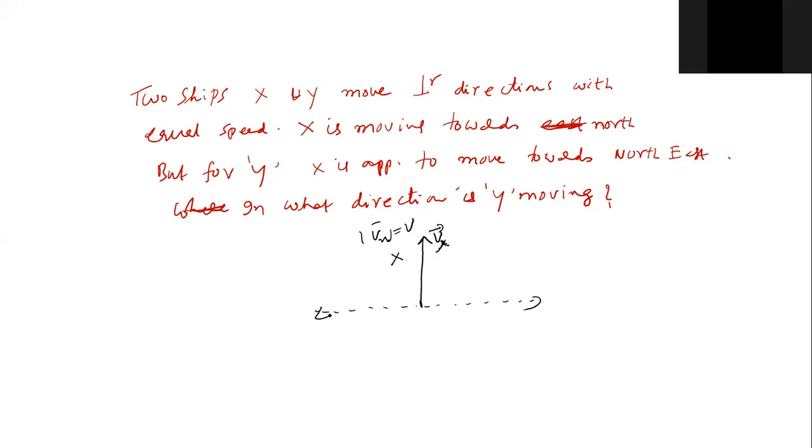Like observing from Y, it is northeast. Which one? X. Yes, sir. So that northeast is the relative velocity, right? Yes, sir.